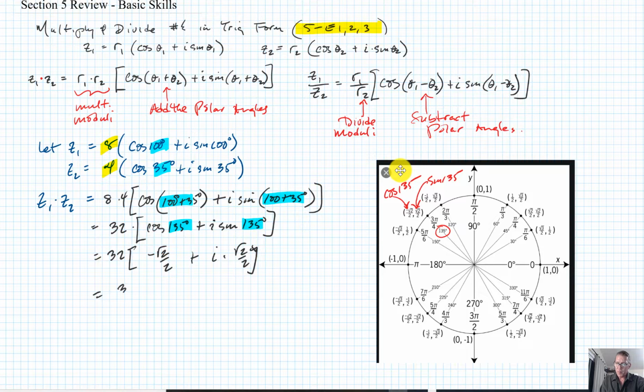You want to distribute through, so 32 times negative rad 2 would be negative 32 rad 2, all divided by 2, plus 32 times I times rad 2 over 2. When you divide 32 by 2, you get negative 16 rad 2. 32 divided by 2 is 16, but it's negative right there. Same thing over here, so you get plus 16 rad 2 I.